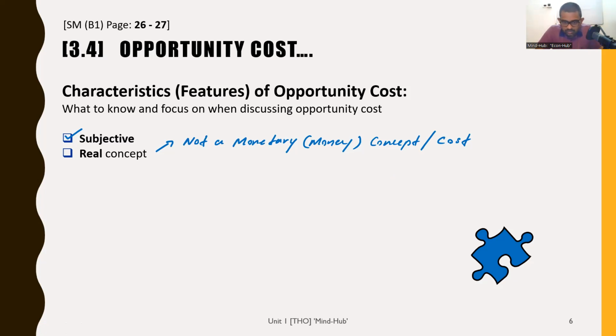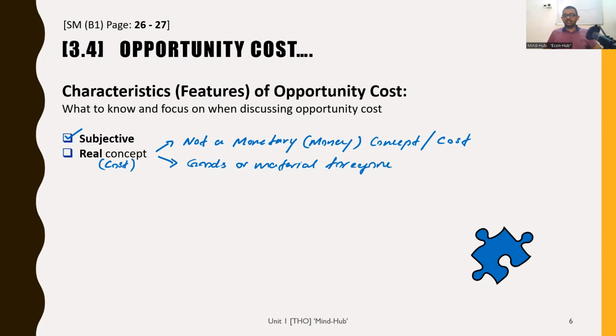We will use money to measure, that's okay, no problem. But the real meaning of opportunity cost is that it's a real concept, a real cost. What that means is the opportunity cost is always given in terms of either goods or material, something materialistic, something that you have actually given up, a good or a material given up, or we say foregone.